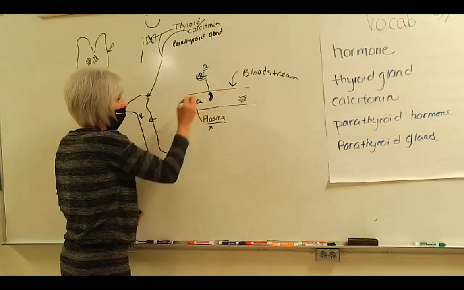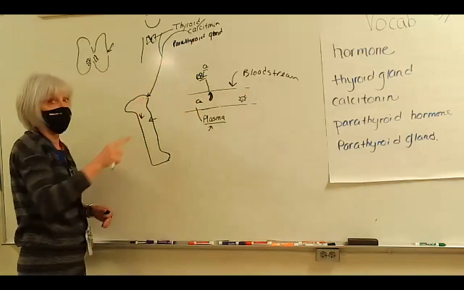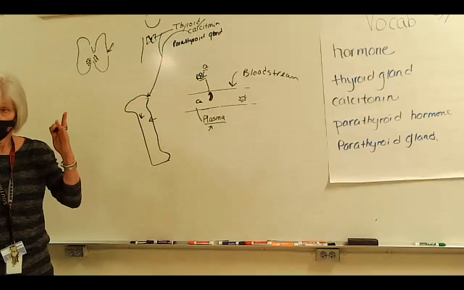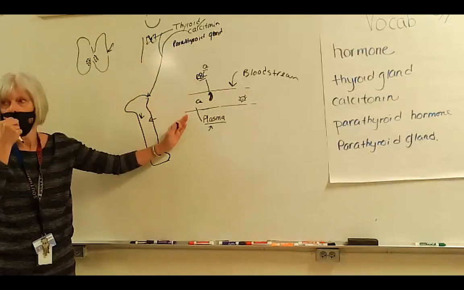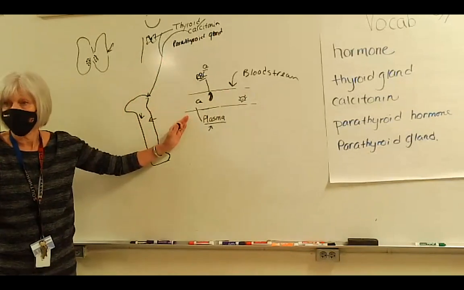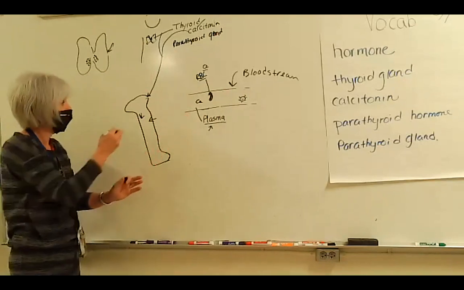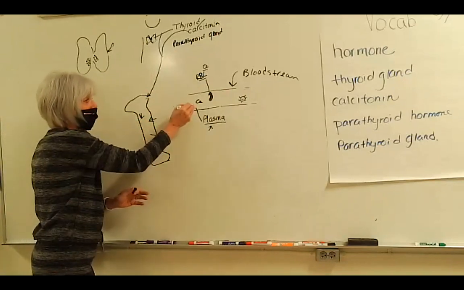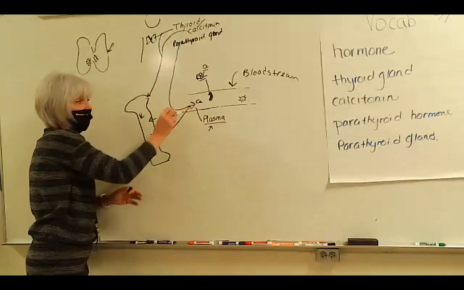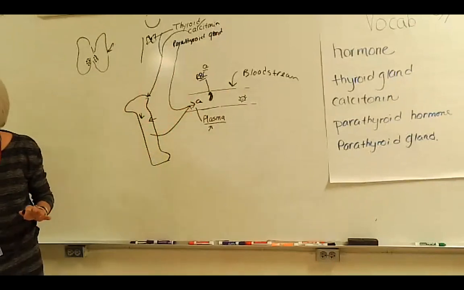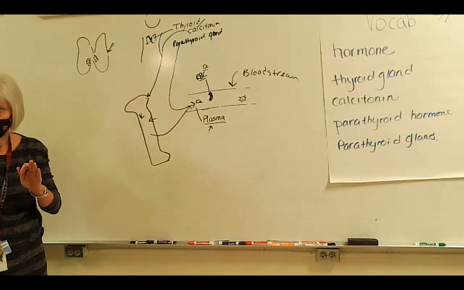My parathyroid hormone will react. It has chemical receptors that will measure and go, not enough to do muscle contraction and carry on metabolism. Let's take some out of the bone and put it there. That's all I care about that you know about these two right now.